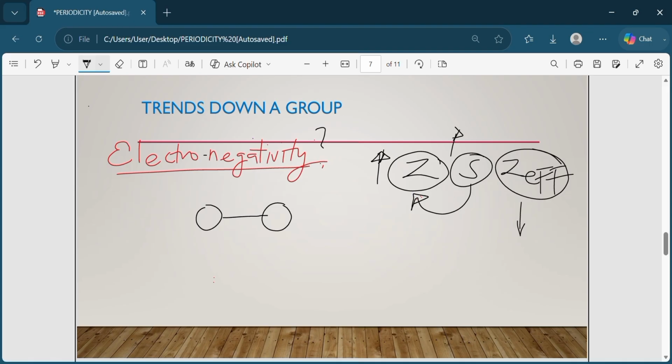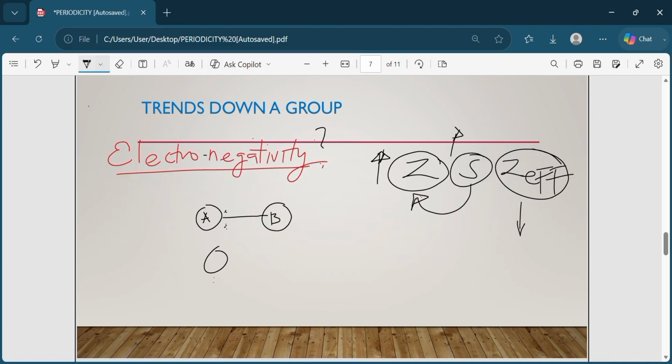So atom A, atom B. If atom A attracts the electrons towards itself more, that means that atom A is more electronegative, because we have already understood that it's just a tendency of an atom to attract the bonding electrons towards itself, because these are the electrons that are literally involved in the bond.